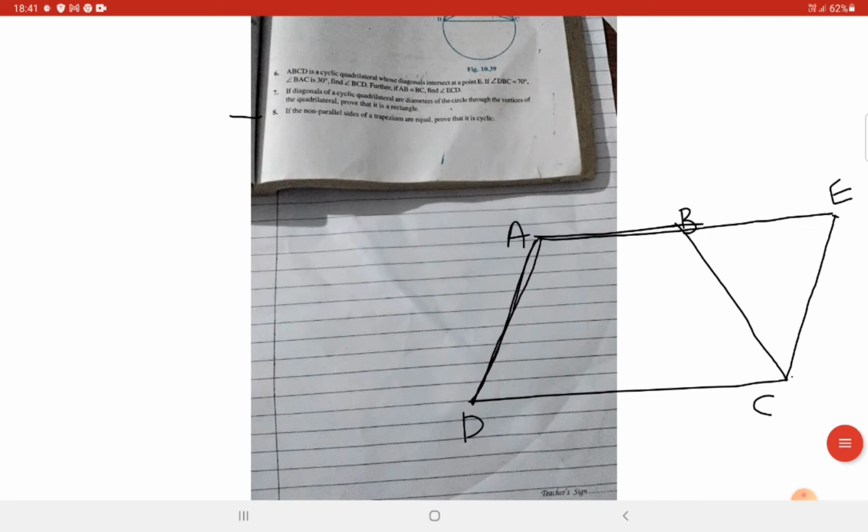Now, what about the quadrilateral ADCE? See, AB is parallel to DC, which implies AE is parallel to DC. Now, we constructed CE that is parallel to DA. That means quadrilateral ADCE is a parallelogram.